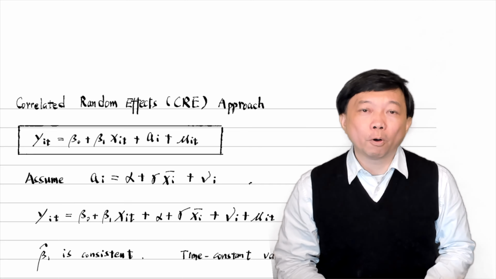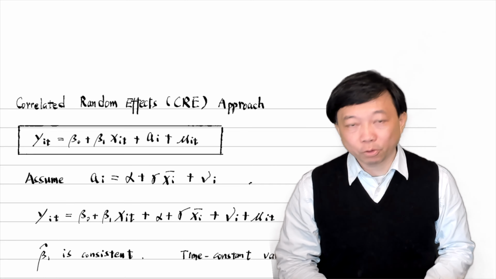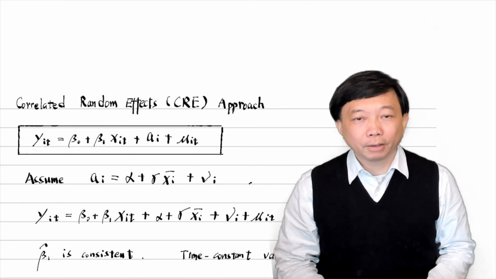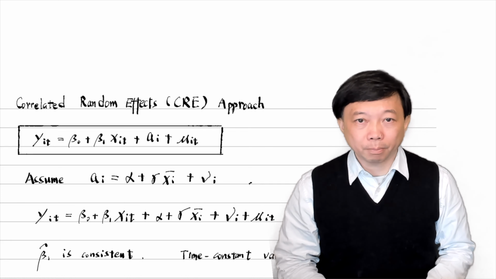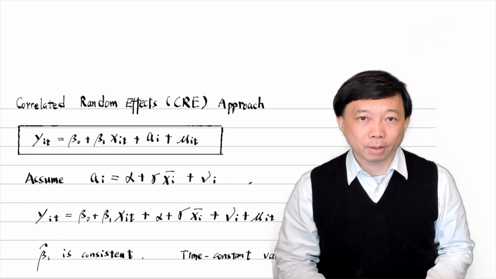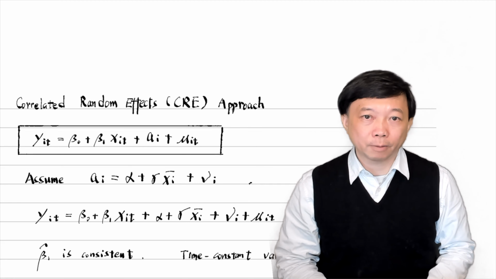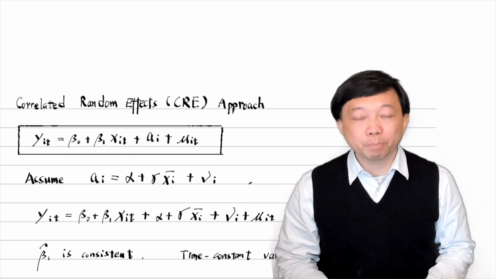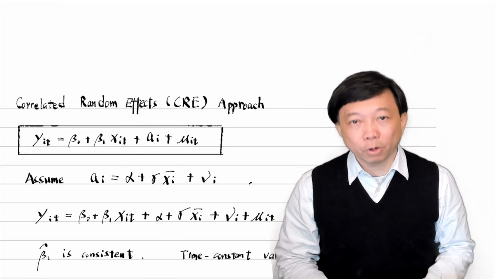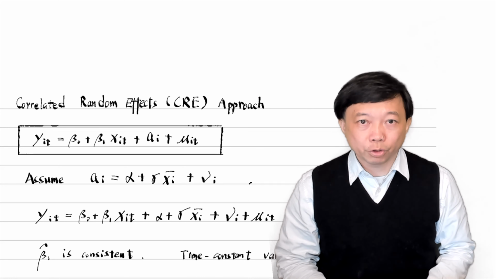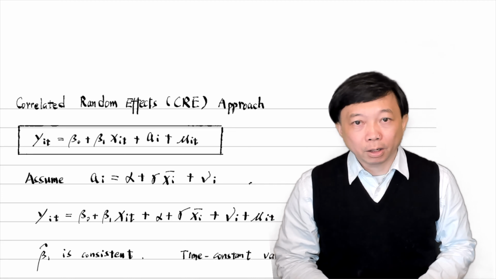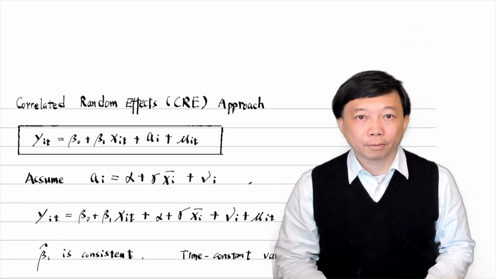We have learned 4 methods to estimate the panel data models. They decompose the error term into 2 components and find ways to estimate the coefficients consistently, even if the explanatory variable x is correlated with the individual fixed effect error component, a_i.